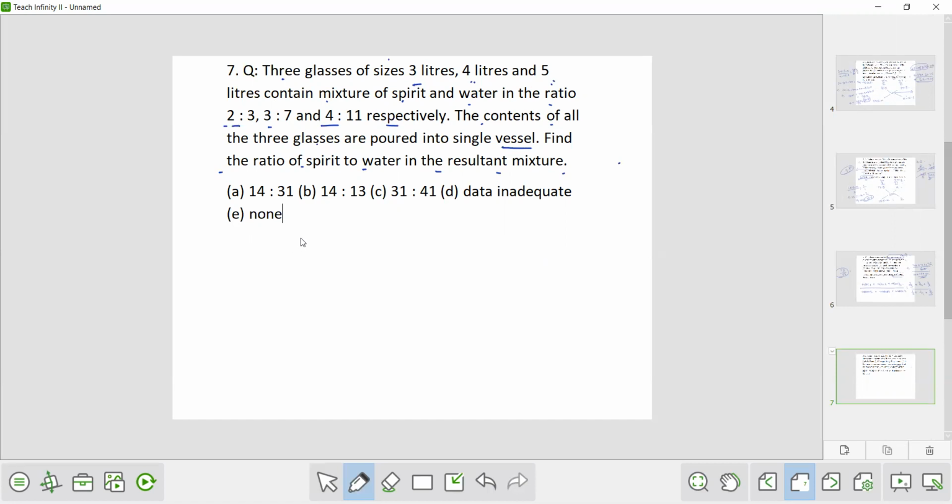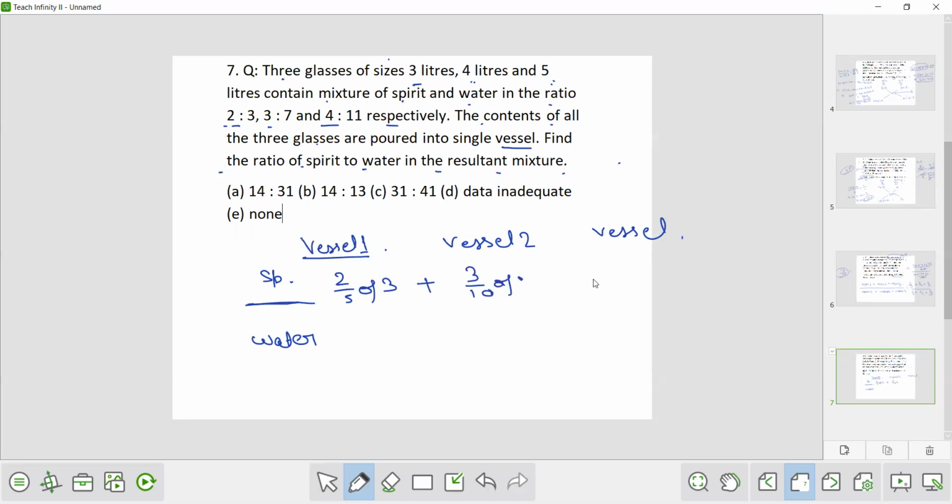So for vessel 1, spirit, vessel 2, and vessel 3. So spirit upon water. So content of spirit in vessel 1 is 2 by 5 of 3. Content of spirit in vessel 2 is 3 by 10 of 4.